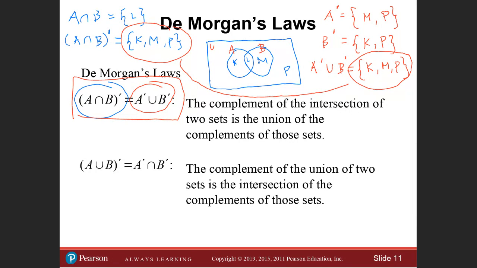This is exactly the same thing when we're trying to prove the second De Morgan's law. You can use the same example. That's the complement of the union of two sets is the intersection of the complements of those sets. So that's the proof for De Morgan's law.